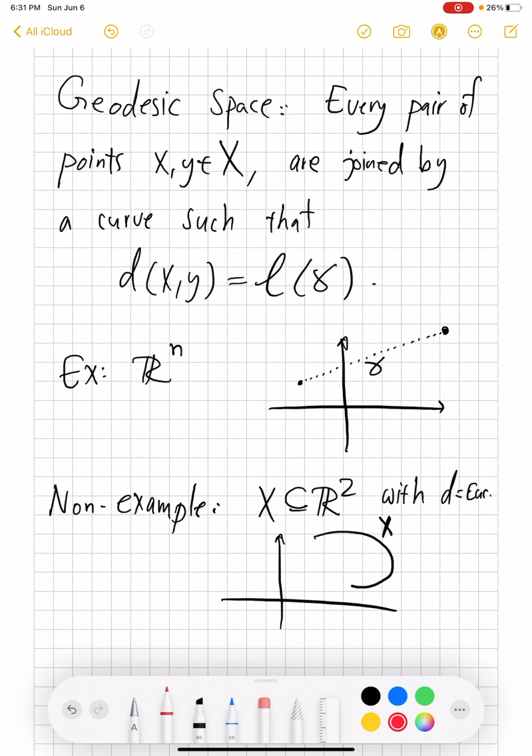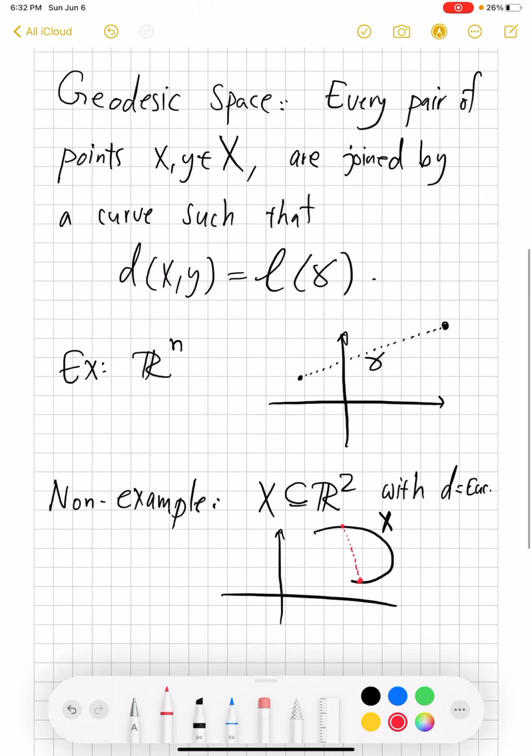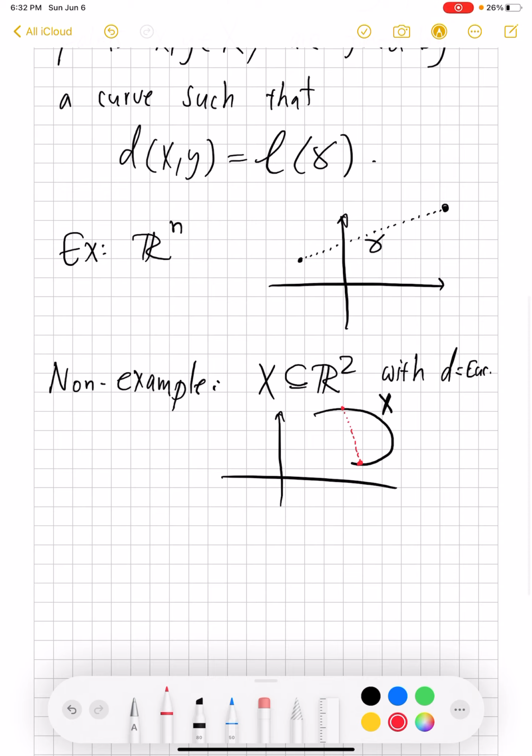So the distance of this point from that is just the distance that would be in a Euclidean R2. But in this case, because your metric space is not all of R2, there isn't actually any curve with exact same length as the distance of the 2 points. As you can see here, it's pretty easy to break the space being geodesic.